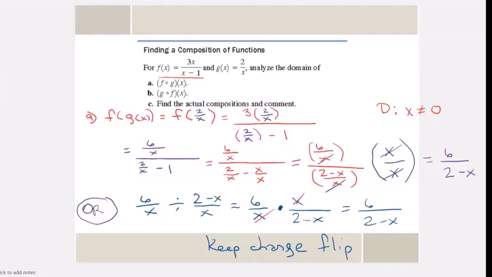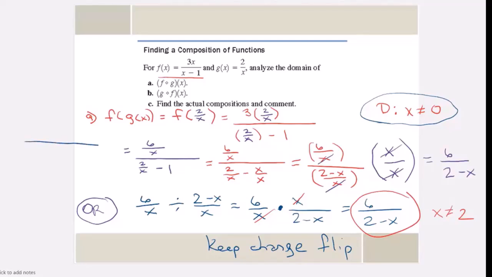And our domain, well, we already took out here, x can't be 0. And now here, x cannot equal 2. So if I were to draw this on a number line, let's do a number line out here.